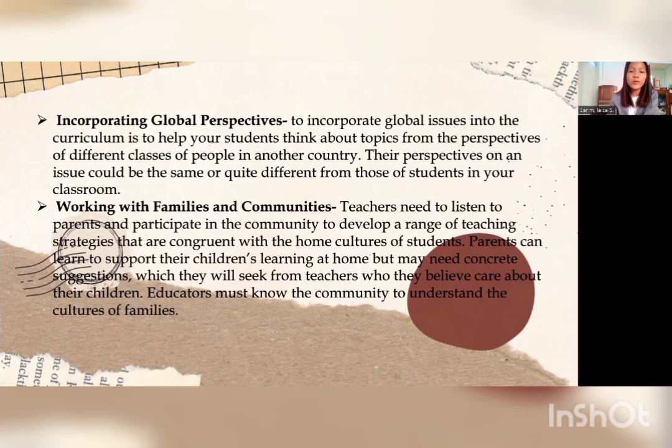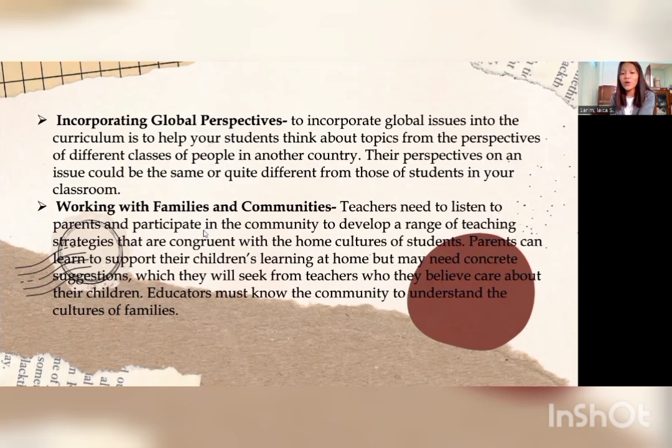Next is working with families and communities. Teachers need to listen to parents and participate in the community to develop a range of teaching strategies that are congruent with the home cultures of students. Parents can learn to support their children's learning at home, but may need concrete suggestions, which they will seek from teachers who they believe care about their children.